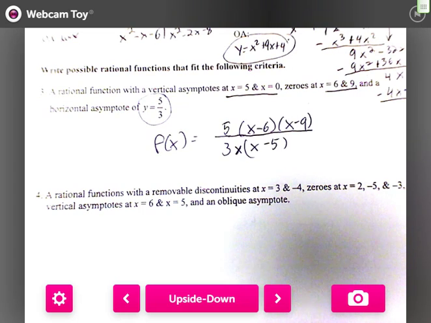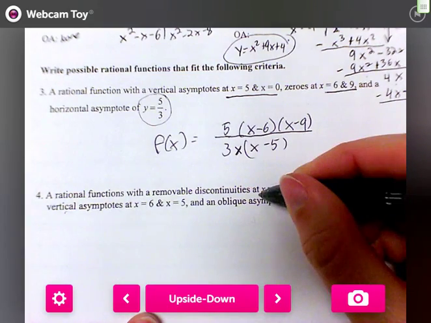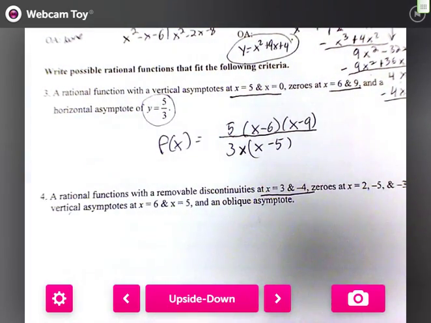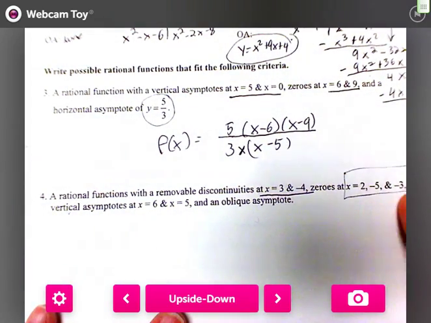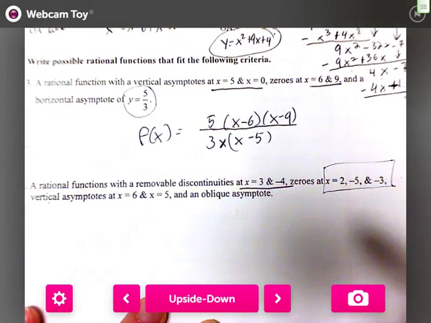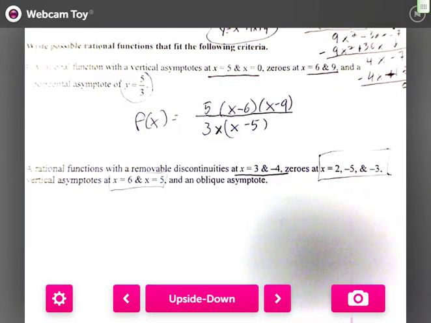Shh. Okay. You have a rational function with removable discontinuity at x equals 3 and negative 4. Zeros at 2, negative 5, and negative 3. Vertical asymptotes at 6 and 5, and it has an oblique asymptote. If it has an oblique asymptote, it means the bottom's got to be bigger than the top.